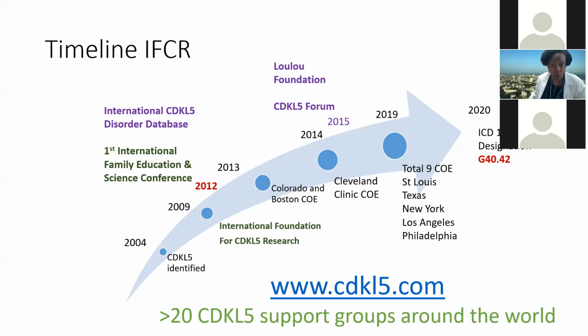We don't want to be coded under Lennox Gastaut anymore because when we code for Lennox Gastaut, we get things for seizures, but we don't get opportunity for management of gastrointestinal problems, motility problems, language development, etc. So there is a dedicated code within the epilepsy designation, used within the neurological diseases, that is G40.42, dedicated for CDKL5.